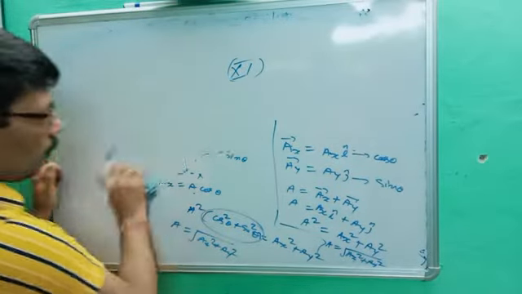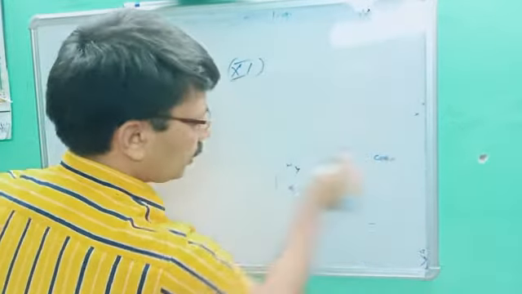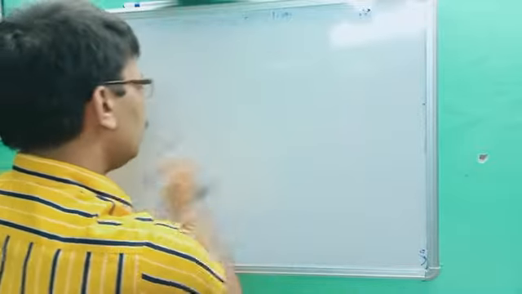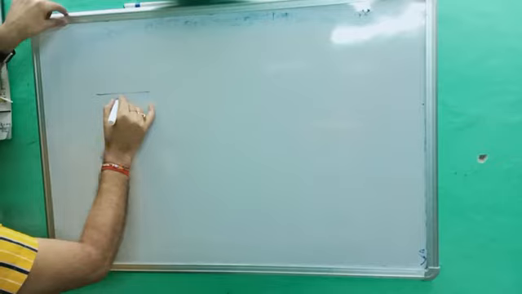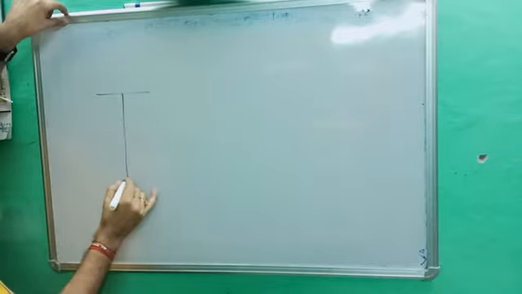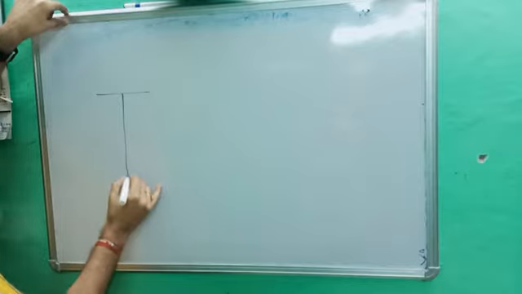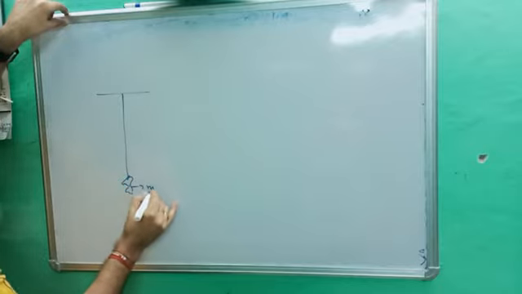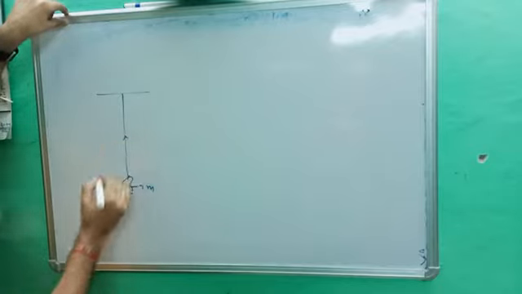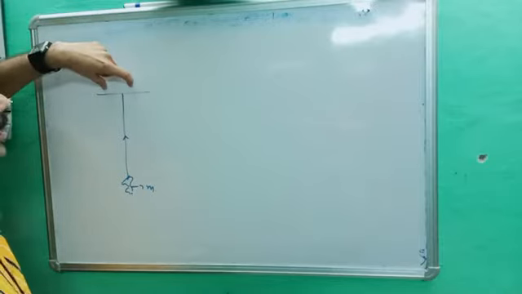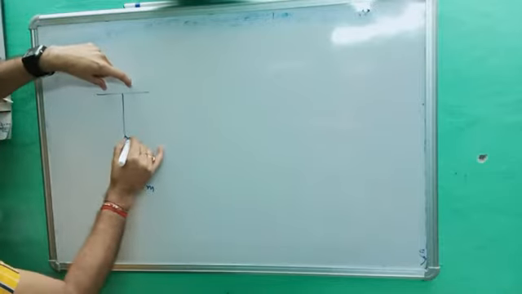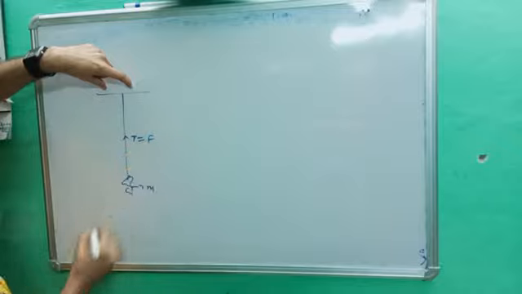Now one numerical is there. I am putting it in front of you, so I think it becomes very clear. Let's suppose this is a rope and a monkey is hanging on the rope, and the monkey's mass is M. I ask what will be the tension in the rope or in the string.